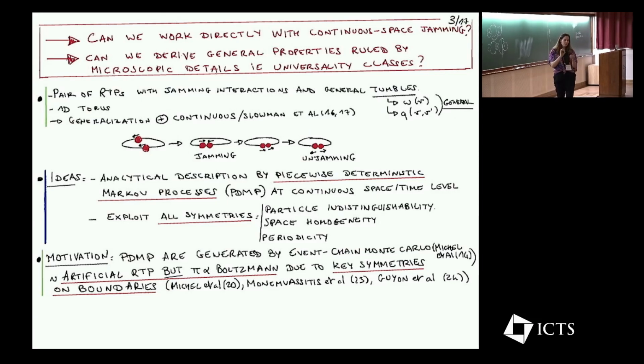The whole point is that you retrieve the equilibrium distribution because when you have an event, when you reach a boundary, you change direction following the fundamental symmetries of your system. Here, if it is not the case with this RTP system, the question is: what symmetry is broken when they are jamming that makes the steady state not the expected passive equilibrium one?